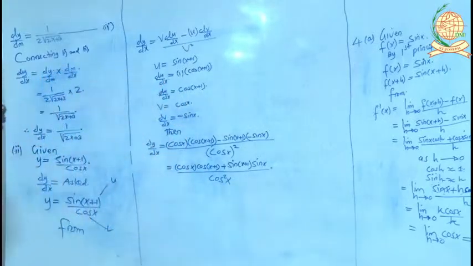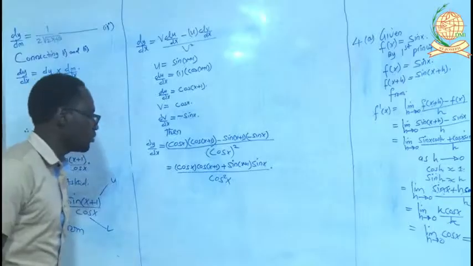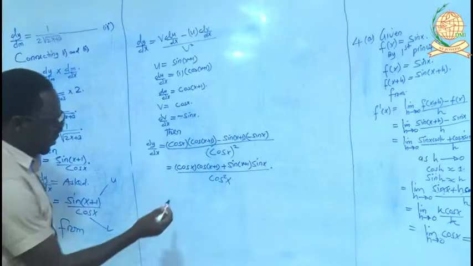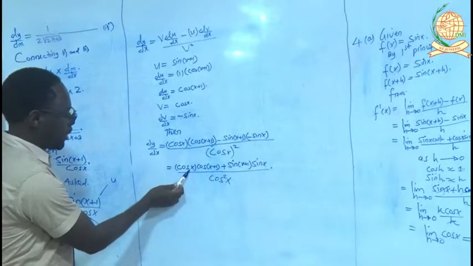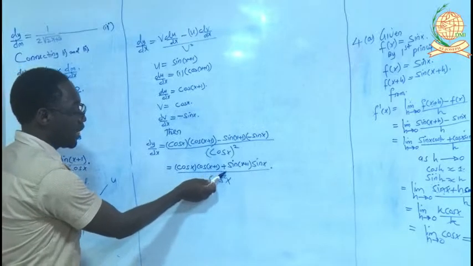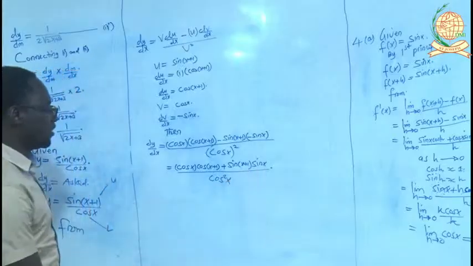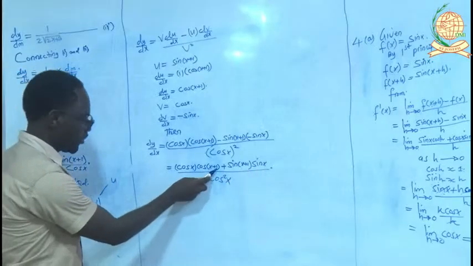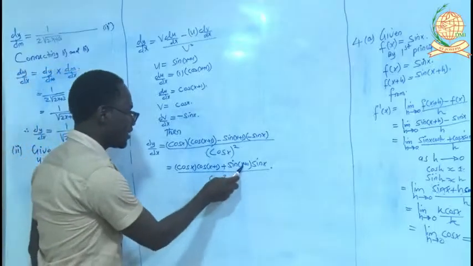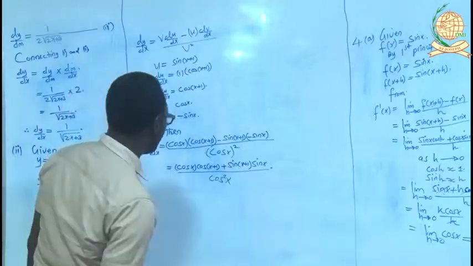Yeah, for this one you can simplify more using the concept of trigonometric functions. This identity: cos of x plus 1 plus sine of x plus 1 sine x. We have cos of x plus 1, sine x. Cos of a minus b equals cos a cos b plus sine a sine b.